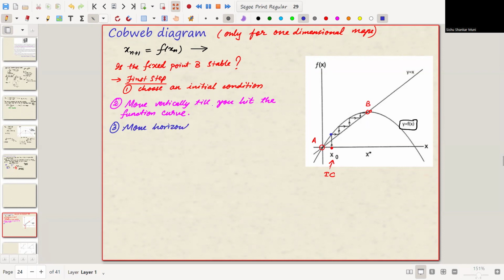Move horizontally till you hit y equals x. We were at the blue point. Now let me choose another color. Move horizontally from that point till you hit the y equals x straight line, that is here.